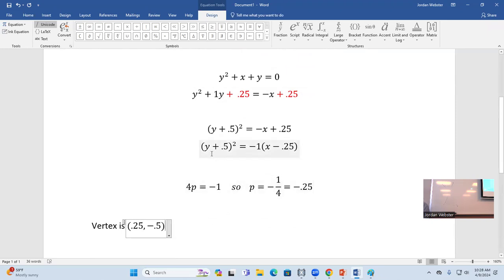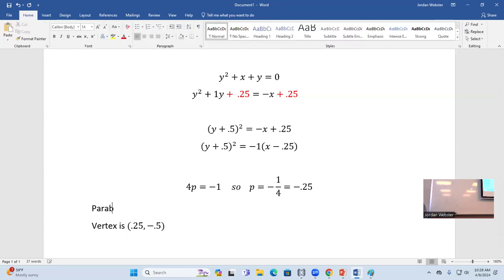By the way, because y is being squared, I know my parabola points left or right. And because the p is negative, I know it actually points left.